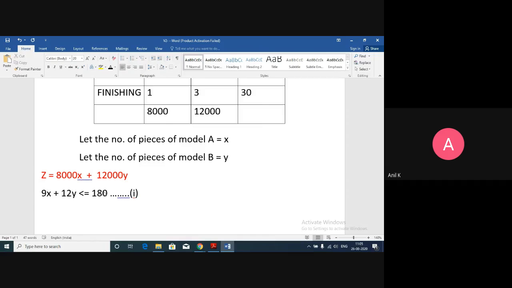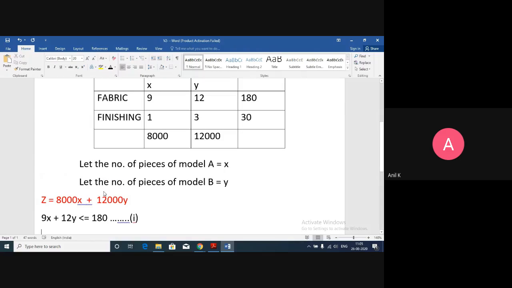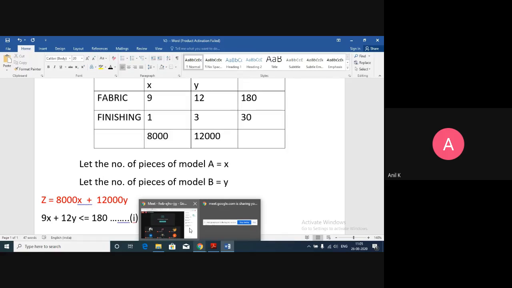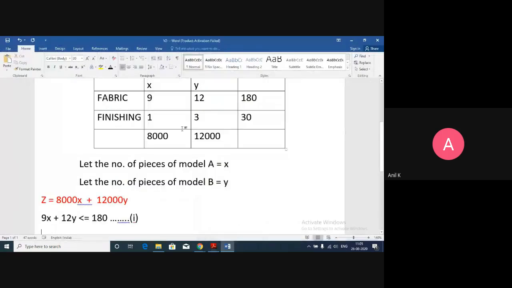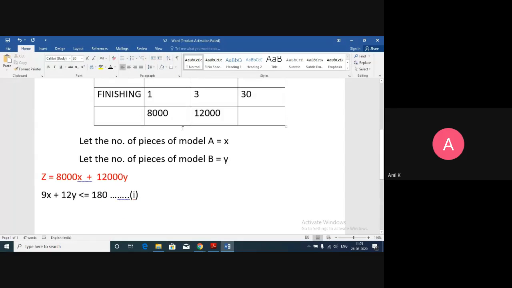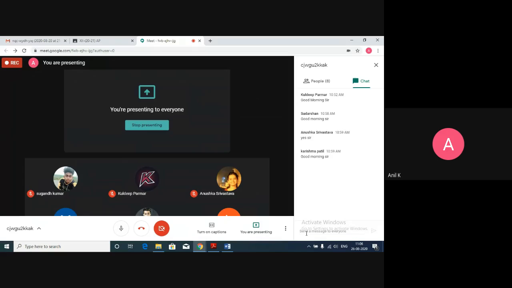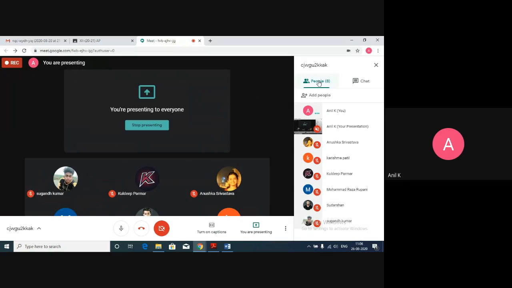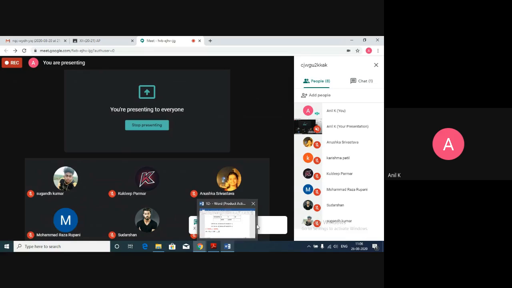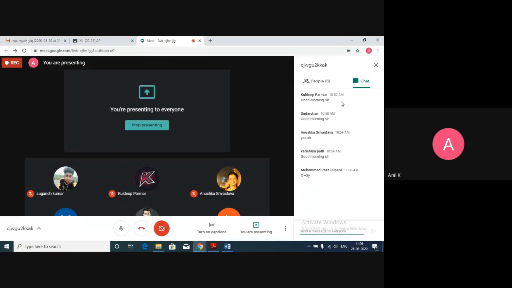So can you give me equation number 2? What will be equation number 2 about the finishing? Anyone? Are people there or left? Somebody has given the answer.